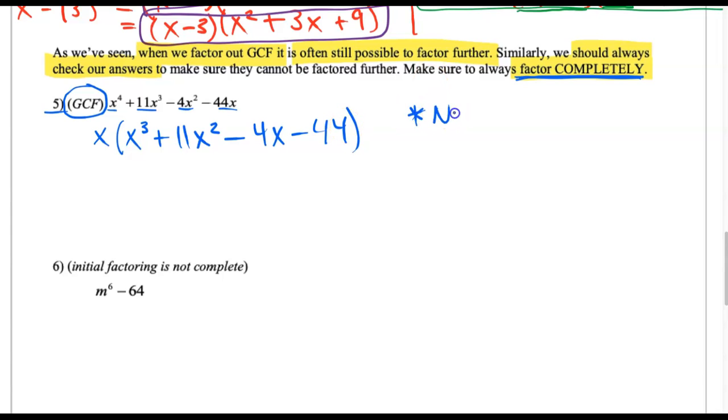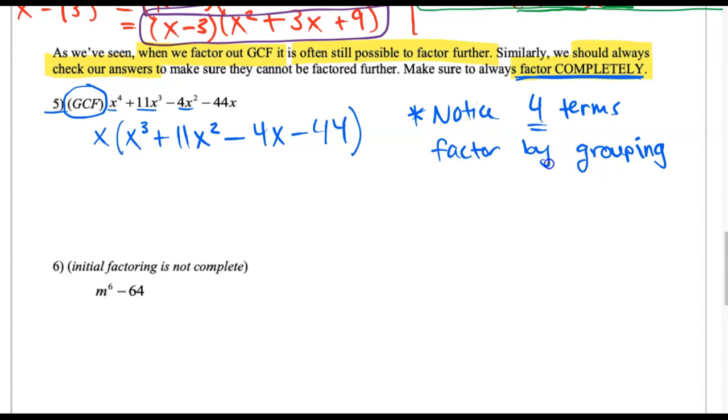So I want you to notice that there are 4 terms. When you have 4 terms, you can factor by grouping. So factoring by grouping is where we split these up into 2 parts. So the first pair is x cubed and 11x squared. And then the second one is negative 4x and negative 44. And we look at a GCF of each pair.